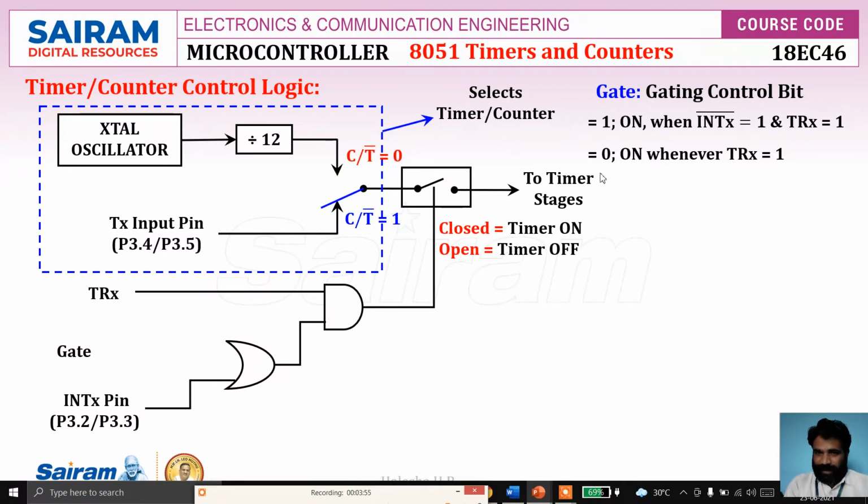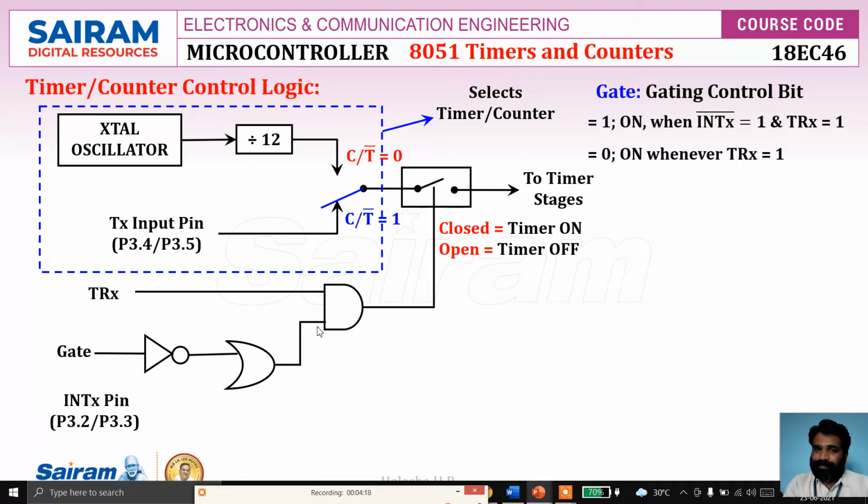And the second condition is when the gating control bit is 0. That is connected to a NOT gate, so when it is 0, its output is 1. So the OR gate output is 1, and that is connected to the AND gate.